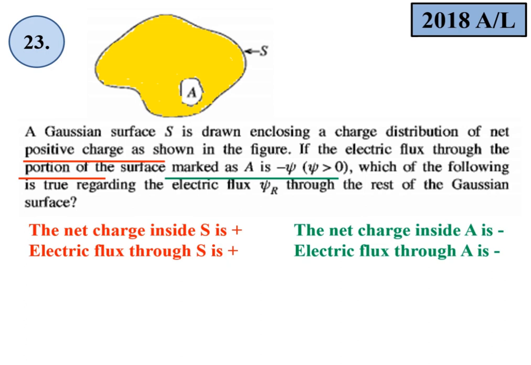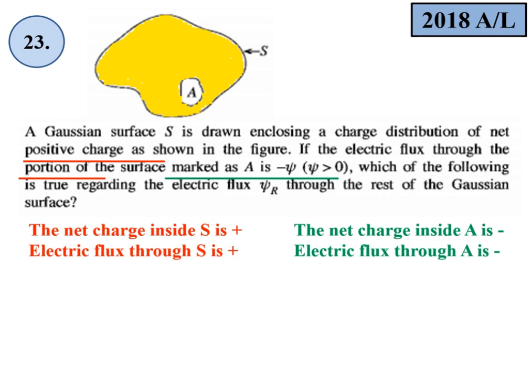They are asking about the rest area, that means the yellow colored area's flux. Will it be a negative value, a positive value, or greater than something? To have a positive electric flux at S while the A flux is a negative value, the rest should also be positive, unless the S flux could not be positive.